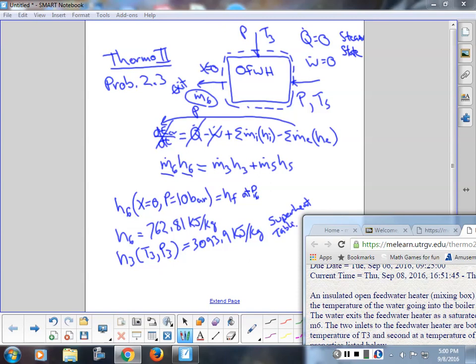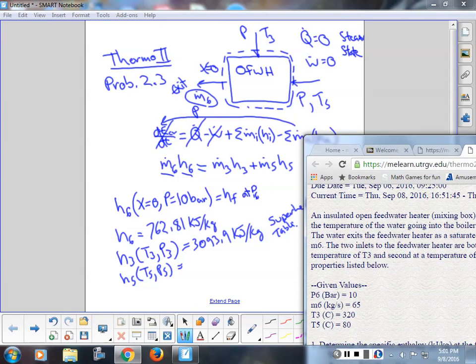And then h5, and it's a function of T5 and P5. I didn't write down the other one, but T5 is 80 degrees. Well, 80 degrees is below the saturation temperature. The saturation temperature at 10 bar is 179.9.